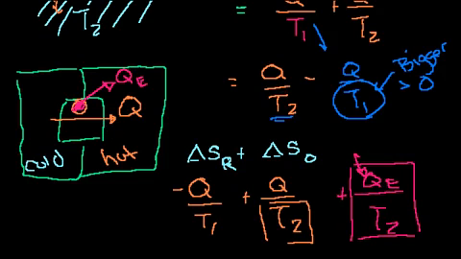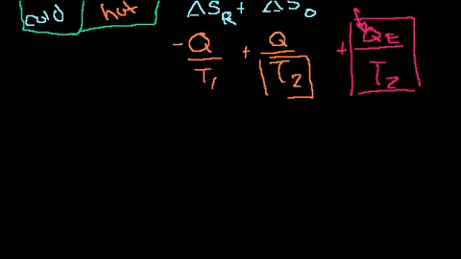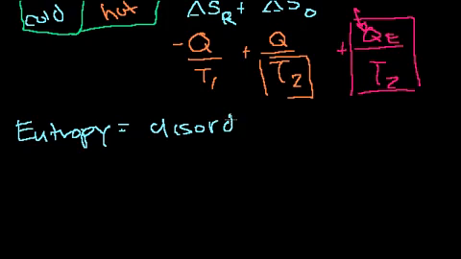Now, let's think a little bit about what entropy is and what entropy isn't in terms of words. When you take an intro chemistry class, the teacher often says entropy equals disorder, which is not incorrect. It is disorder, but you have to be very careful what we mean by disorder.